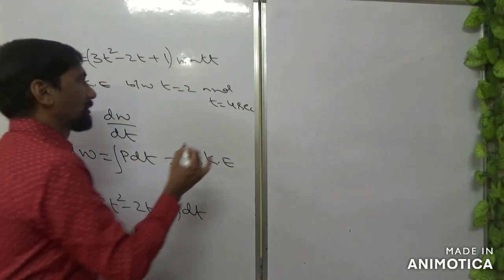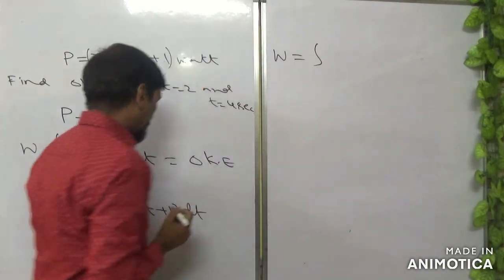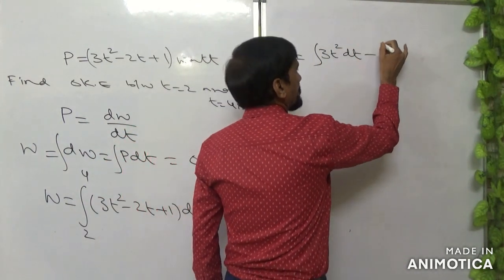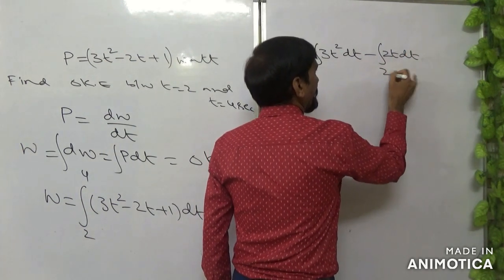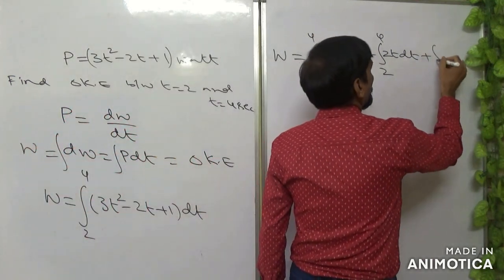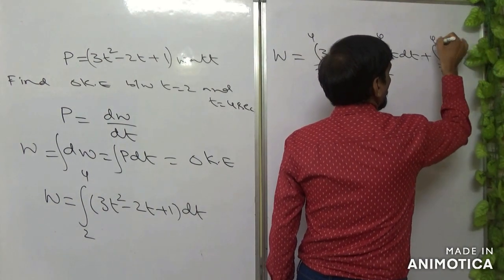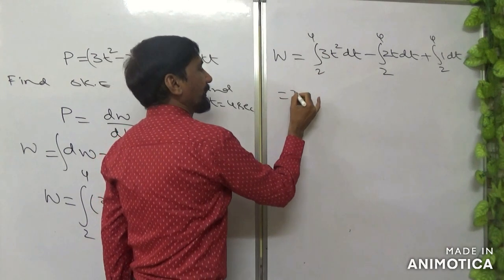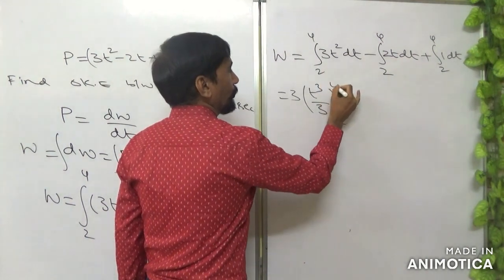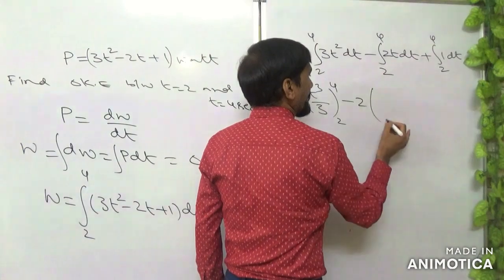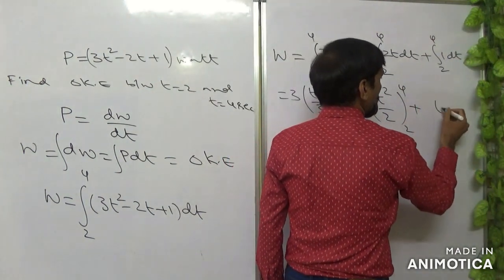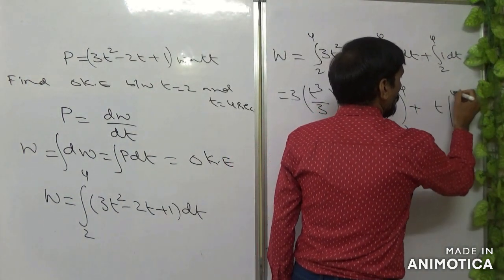Okay, so now this integration is applied to each and every term. First term 3t square, minus integral 2t dt between the limits 2 to 4, plus 1. While integrating, 3 taken out, t square integration is t cube by 3, limits 2 to 4, minus 2, t integration is t square by 2, between the limits 2 to 4, plus dt means t integration, 2 to 4.